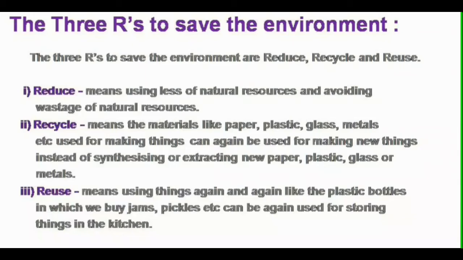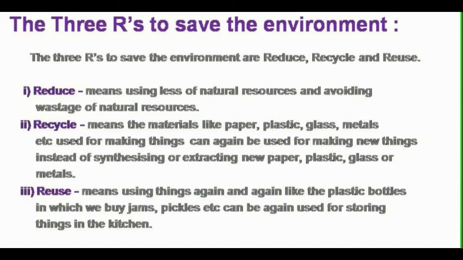Fine? Now, in order to save our environment, we have to understand that there are 3 R's that we should be worried about. Now, these 3 R's are reduce, recycle, and reuse.